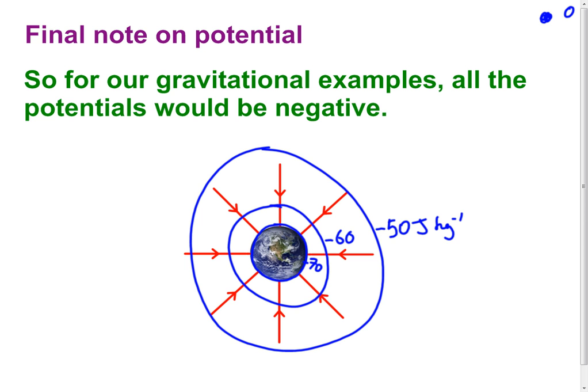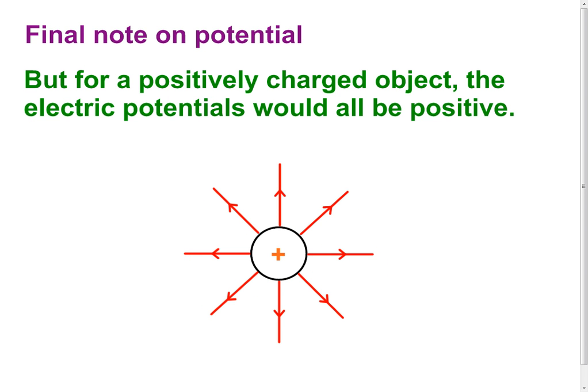That's not to say that they're always negative, because we have another example here for a positively charged sphere. Now, if we define our zero of potential at infinity and bring our test object in, remember it's a positive test object for electric fields, now I am going to have to do work bringing this object in, because a positive and a positive charge repel.